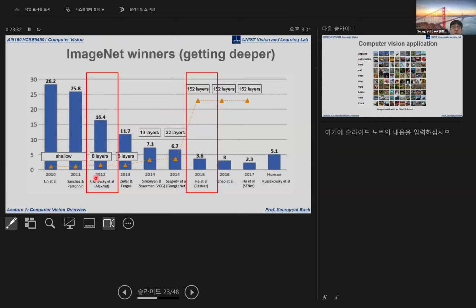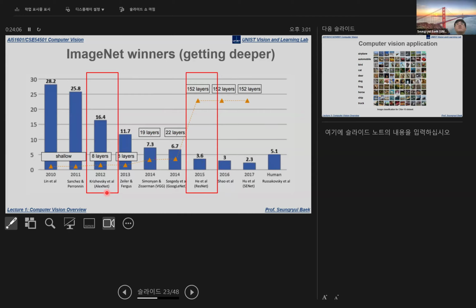You can see the word shallow here. It means that before 2012, in 2010 and 2011, the winning algorithms were shallow learning algorithms. But after 2012, the winning algorithms for the ImageNet challenge were deep learning algorithms.